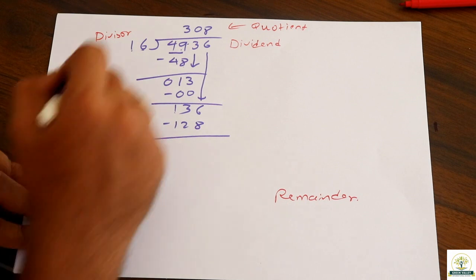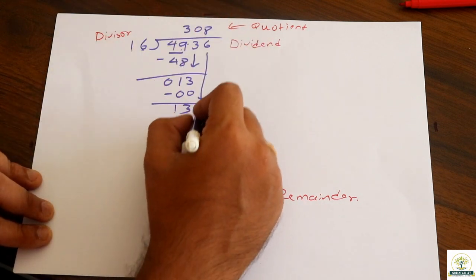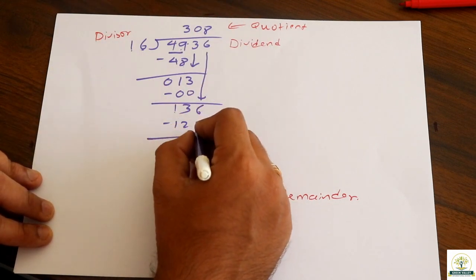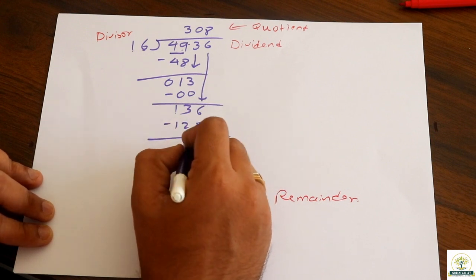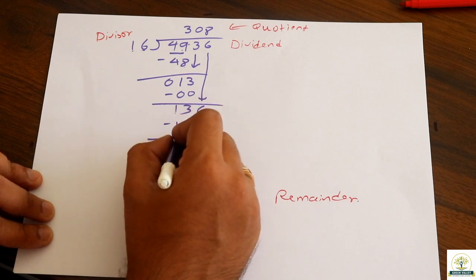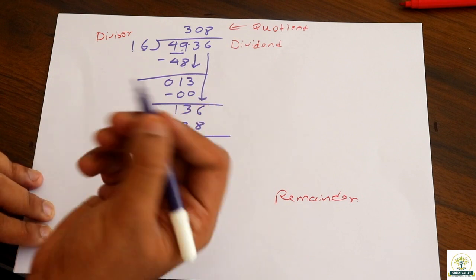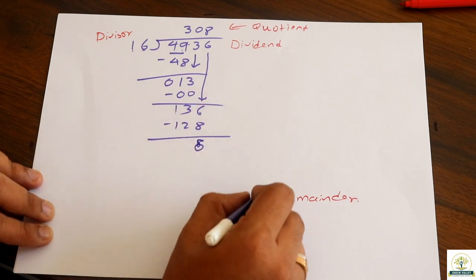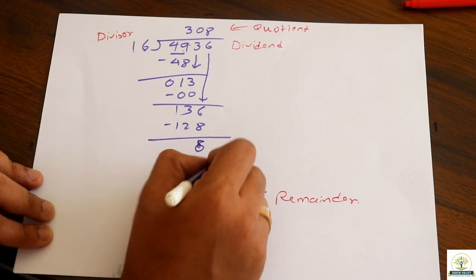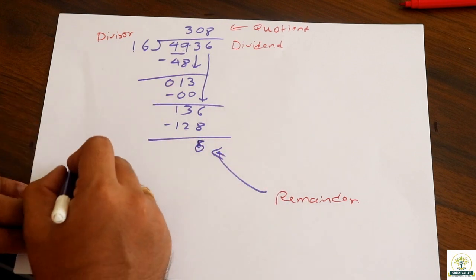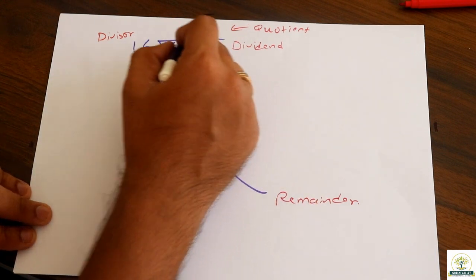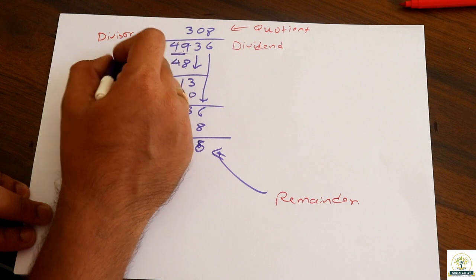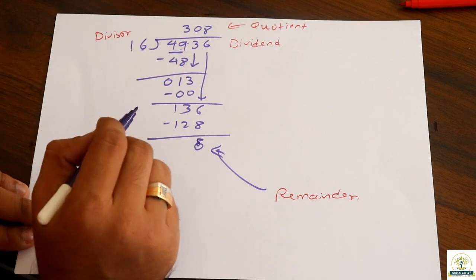So I have to go with 8. Now 6 minus 8 doesn't work, so 6 becomes 16, 16 minus 8 is 8, 3 becomes 2, 2 minus 2 is 0, 1 minus 1 is 0. So now this is the remainder I was talking about. Remember, if the remainder is 0, then I can say this number is divisible by that number.